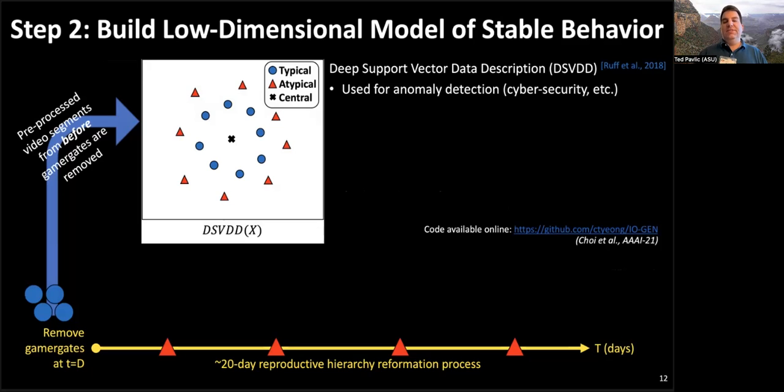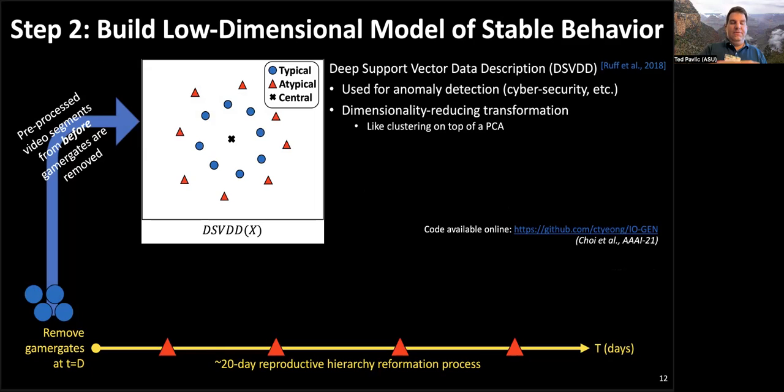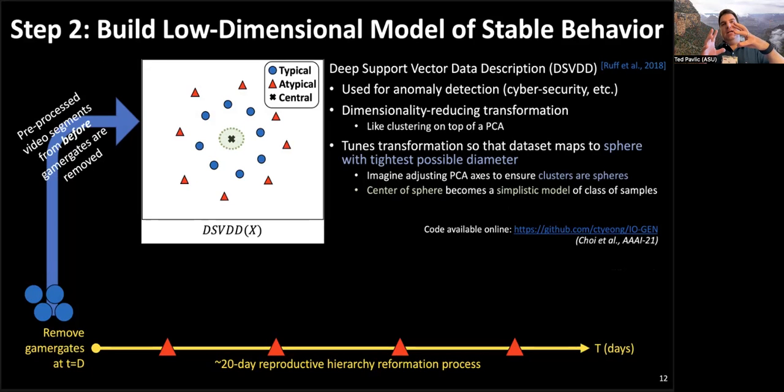This DSVDD is commonly used for anomaly detection, say for cybersecurity. You can think of it as a type of principal component analysis or dimensionality reducing transformation, where it takes the high dimensional data from this cluster of samples and turns it into a cluster that has the tightest possible diameter, so it looks as much like a sphere as possible in this reduced dimensional space.